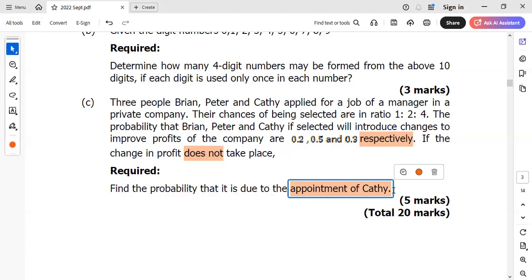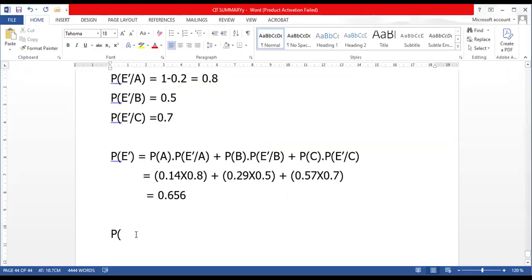What is the event that occurred? The event that occurred is that we are not seeing the change in profit. The event of your interest is the appointment of Cathay, that the appointment of Cathay did not result in a change in profit.